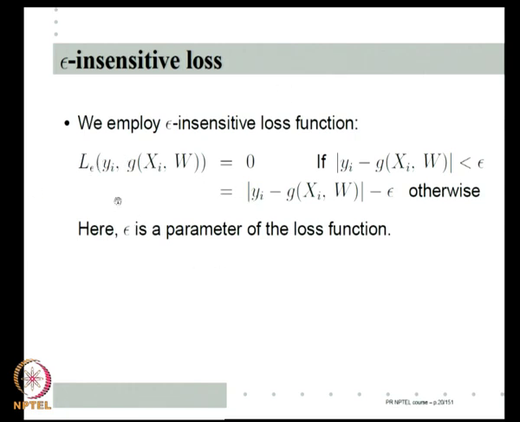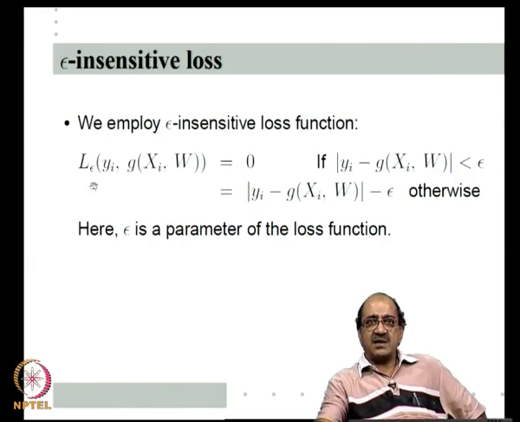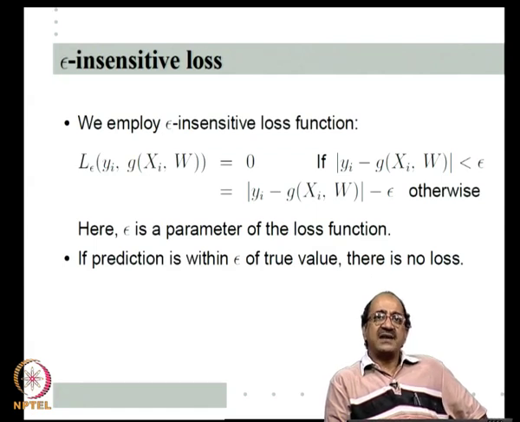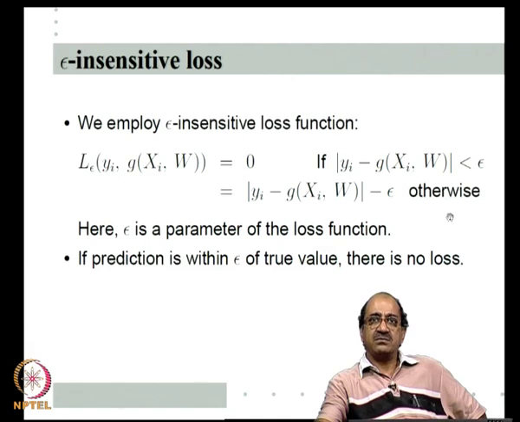Anyway, on an example x I, y I, for the model g of x comma w, the loss will be 0 if the absolute value of y I minus g of x I comma w is less than epsilon, otherwise it is the absolute value minus epsilon. What does that mean? My prediction is g of x I comma w, and y I is the true value in the example.